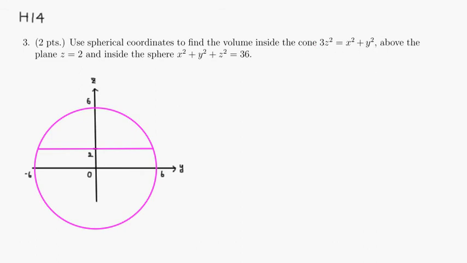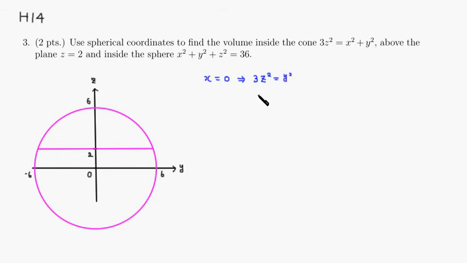For this cone, we're going to set x equals 0 so that we can see the image on the YZ plane. Setting x equals 0, the equation becomes 3z squared equals y squared.